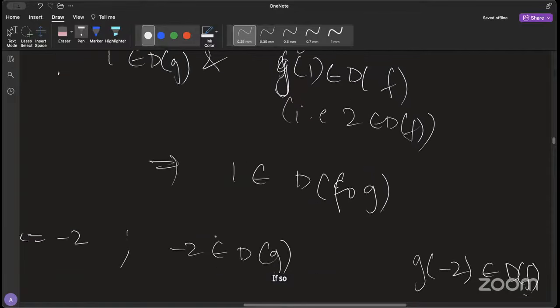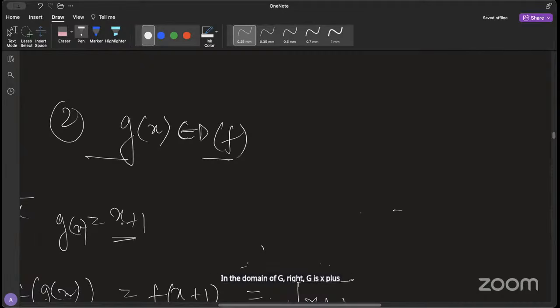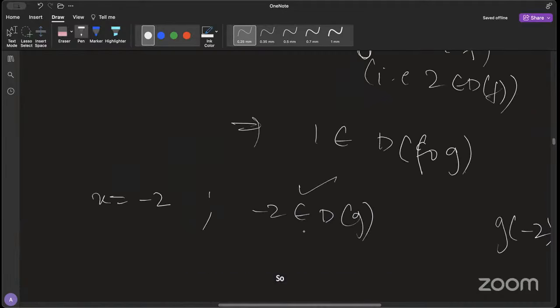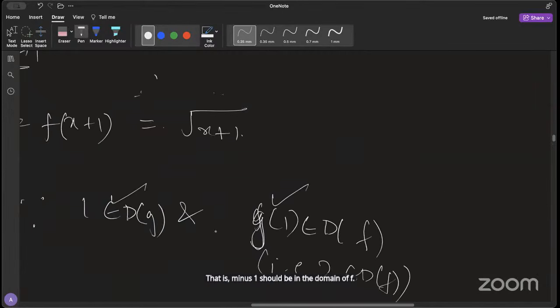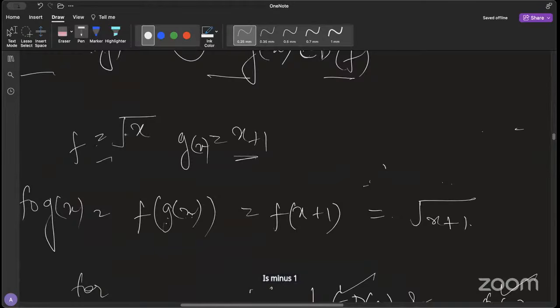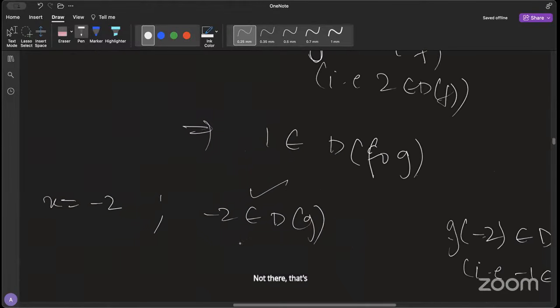So your -2 is in the domain of g. g is x plus 1, and -2 is in the domain of g. So this is satisfied. Now let's come to this one. g of -2 is -2 plus 1, which is -1. That is, -1 should be in the domain of f. Is -1 in the domain of f? No, it's not there.